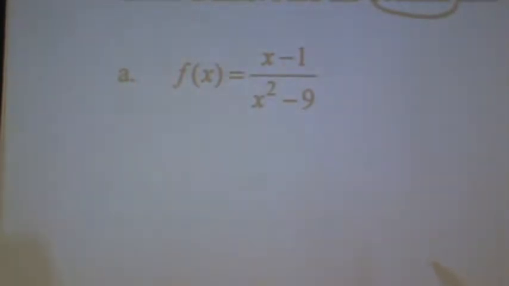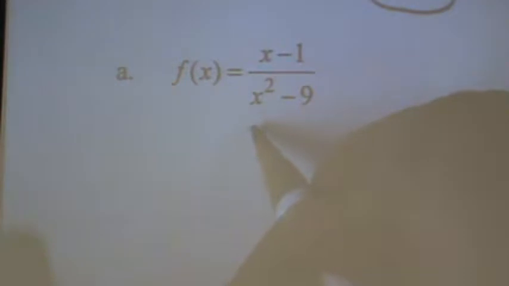The sky's the limit, except for what two numbers? 3 and negative 3. And how did you know 3 and negative 3? You know that you can't use 3 or negative 3.